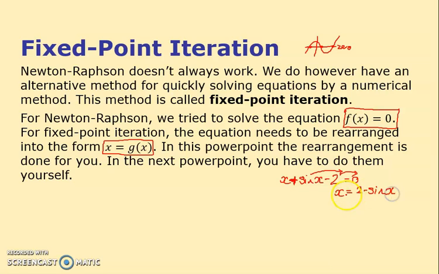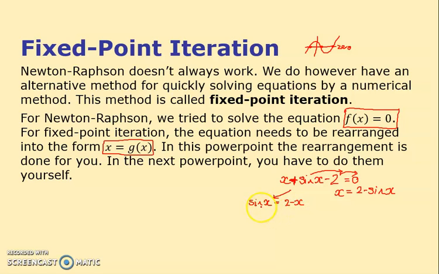And you'd be like, when does x equal this line, this graph of 2 minus sine x? Or I suppose instead of that, we could move the sine x onto its own side, and that would be equal to 2 minus x.